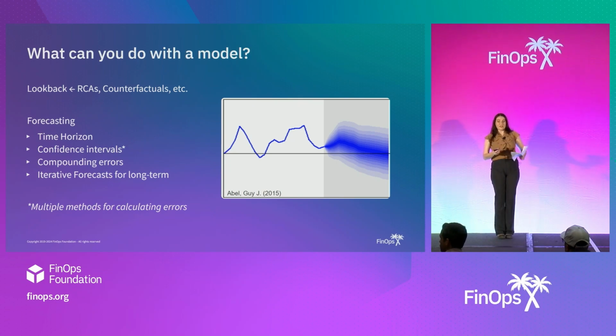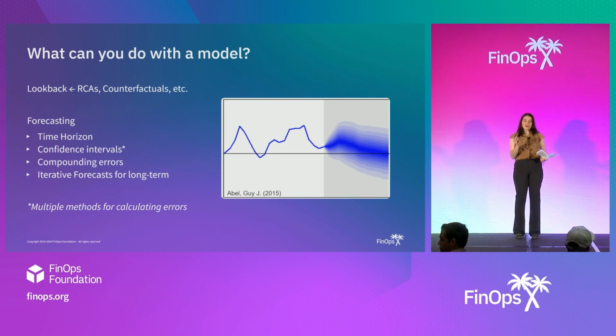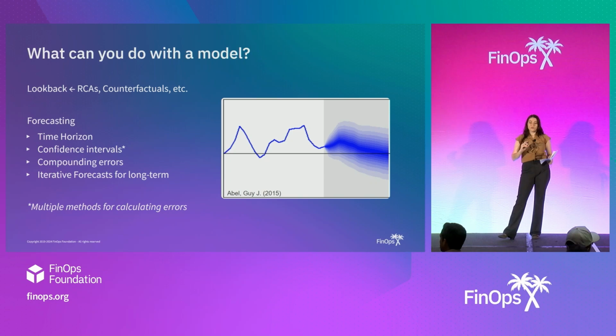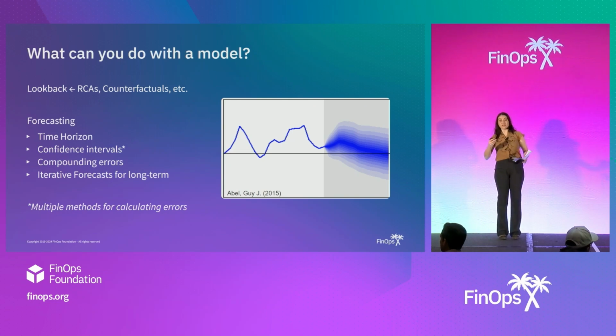Now we also have the compounding of errors. And so again, if you look at this chart, when we're closer to the actual data, those thresholds are a lot smaller. But when you get further out, they get a lot bigger, which means that our uncertainty about the forecast also increases. And we get the compounding of errors, like I mentioned, when you plug it into your equation and you keep iterating over that.